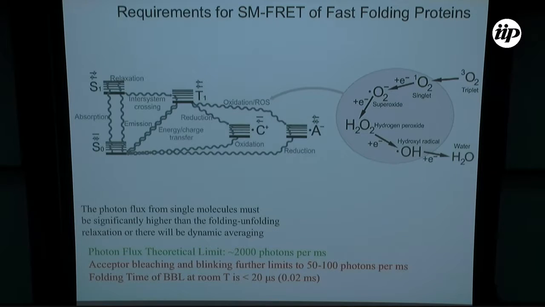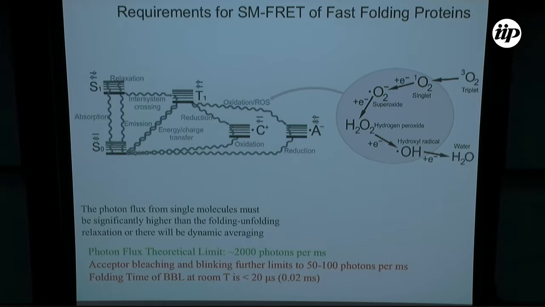Why is that? Because these molecules have this nasty habit of becoming bleached or blinking, right? And this happens because there is a lot of photophysics going on. You are exciting the molecule, and especially you are trying to get as many photons as possible, so you are banging it away here, putting a lot of intensity. What that means is basically, rather than doing this all the time, sometimes you're going to go into triplets. The triplets are very long-lived.